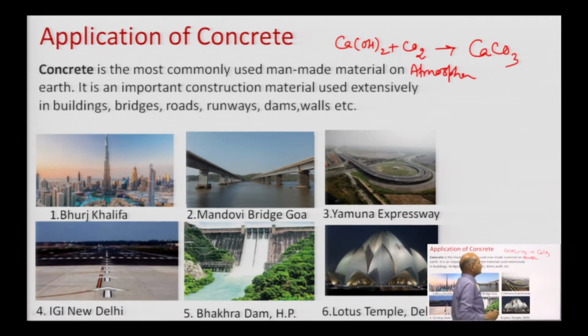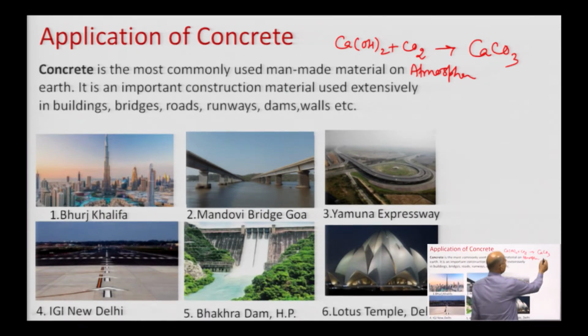So, it was known to them earlier, but what is the disadvantage of this? Calcium hydroxide is not stable under water; it can't react in water. That is why it is called non-hydraulic cement.